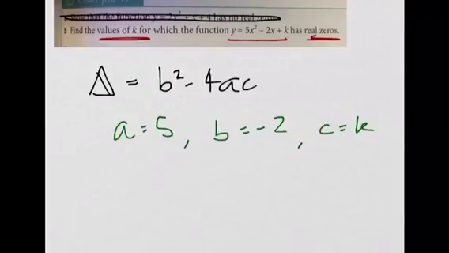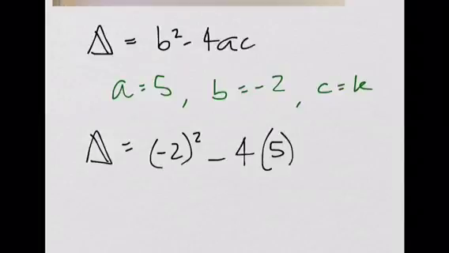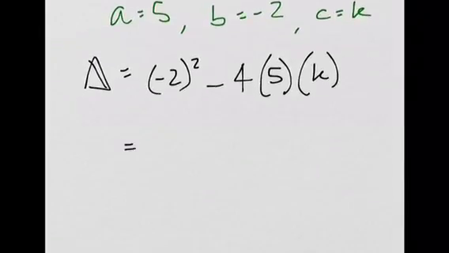So let's sub these into our discriminant. Our discriminant equals b squared, -2 squared, minus 4 times a, which was 5, times k, which equals -2 squared is 4, and 4 times 5 is 20k, so 4 minus 20k.